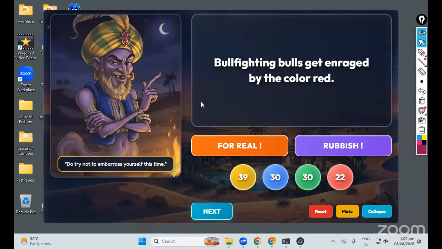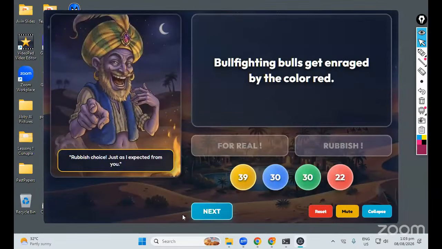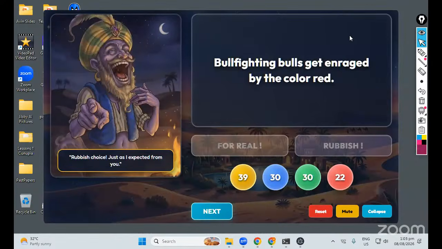Is it the color red that is making them angry and that's why they attack? Okay, let's see. So overwhelmingly, y'all are saying yes, but I think this is false. It's the waving of the cloth that gets them angry. But for real, let's see. For real? Yeah, it's false. Sorry. All right. Did I share the results there? That was the outcome, right?